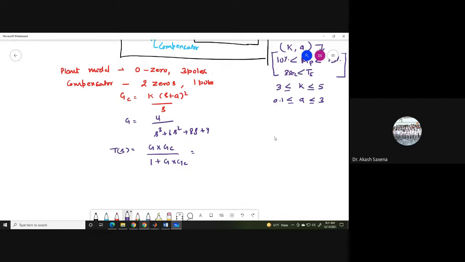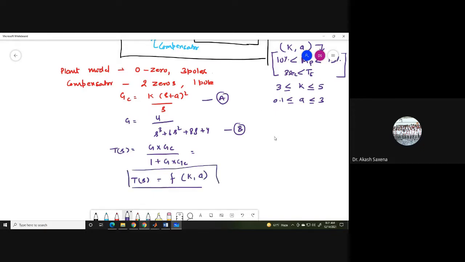So this expression represents Gc and this represents G. This T(s) can be represented in terms of G and Gc, and it will be a function of K and a.